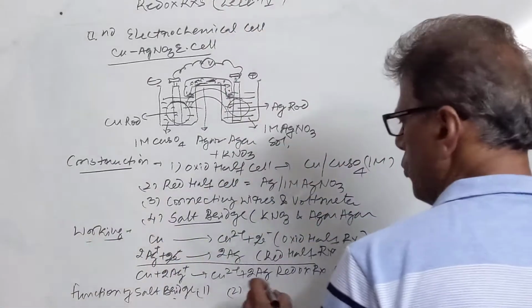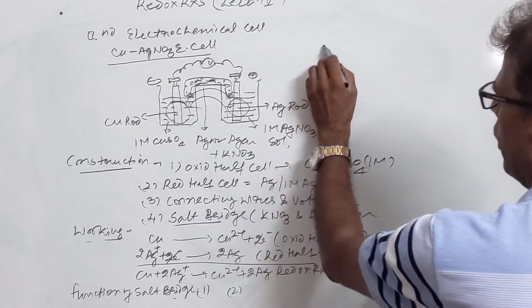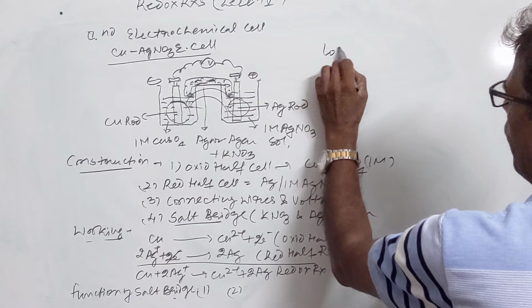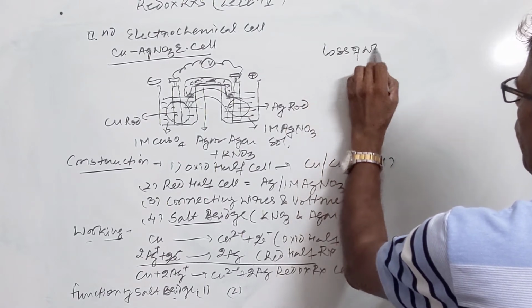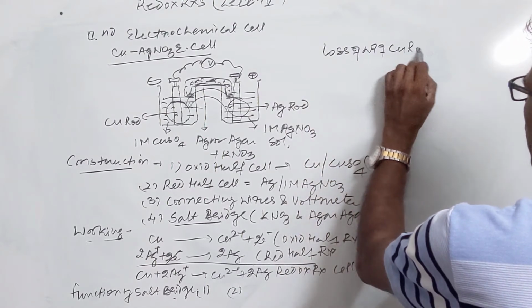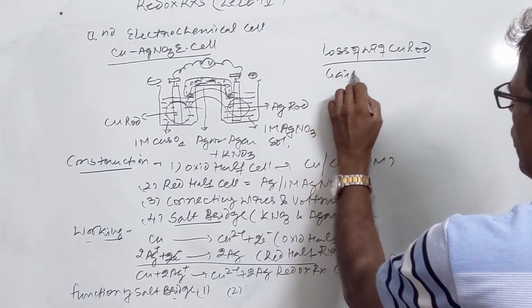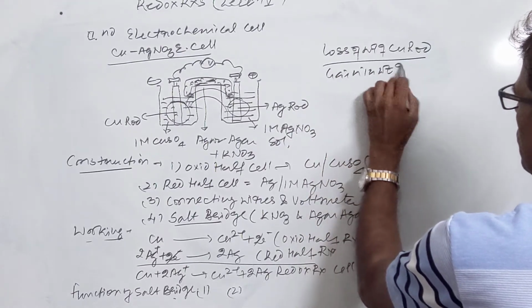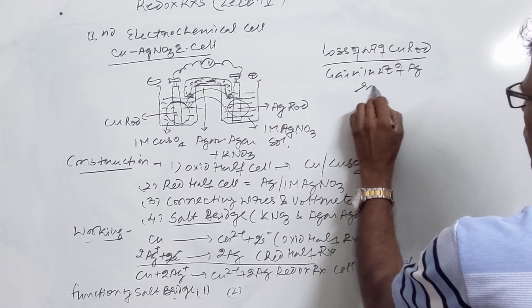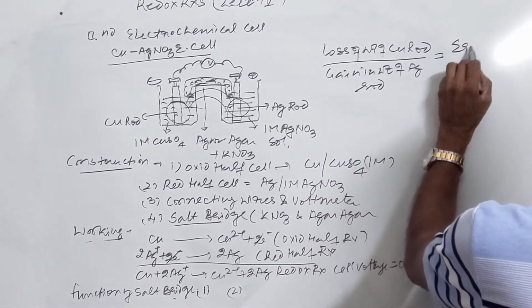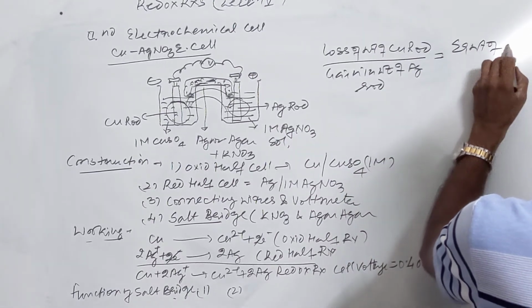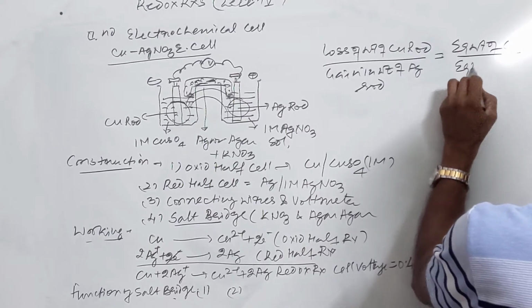Then we got the formula: loss in weight of the copper rod upon gain in weight of silver rod is equal to equivalent weight of copper upon equivalent weight of silver.